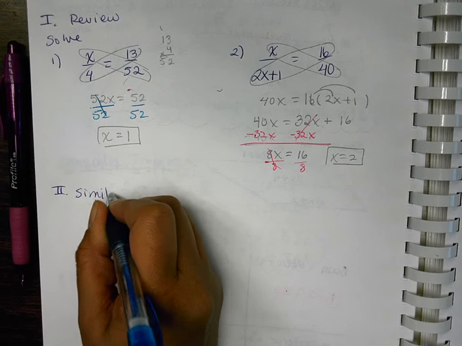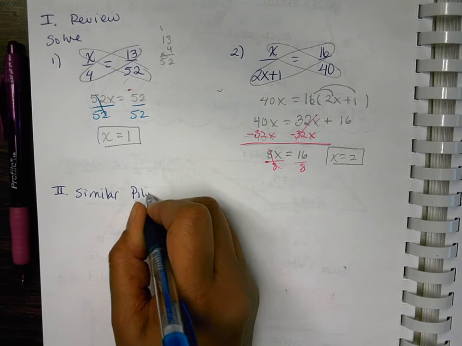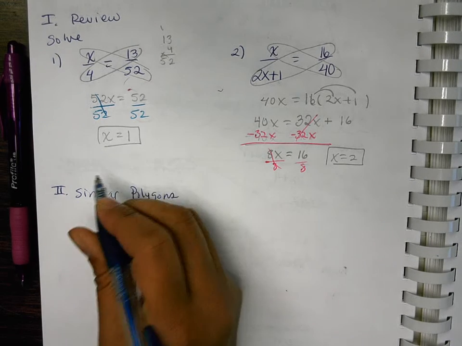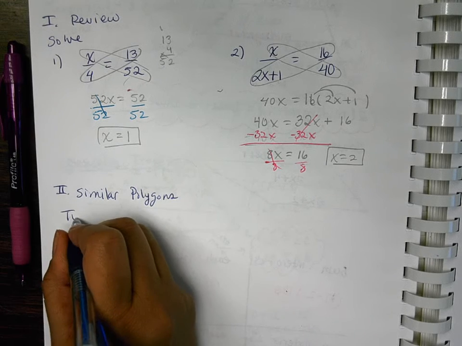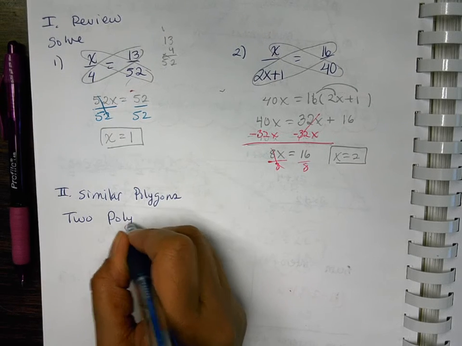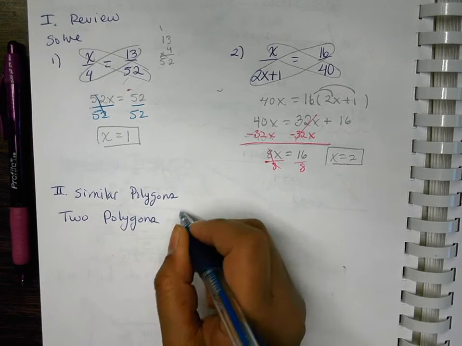Similar polygons. Okay, 2 polygons are similar.